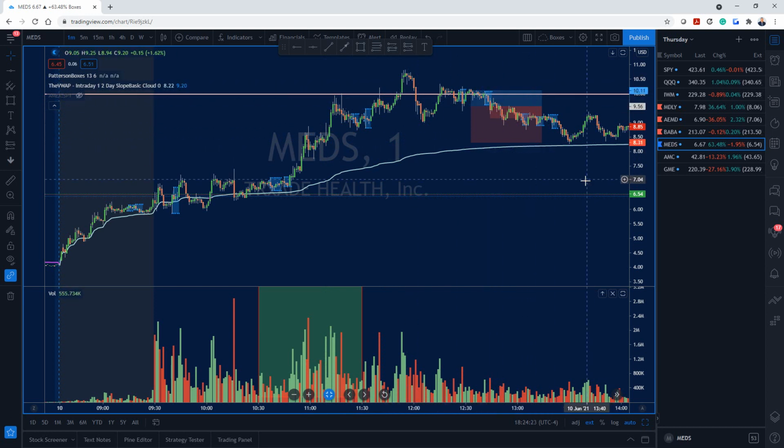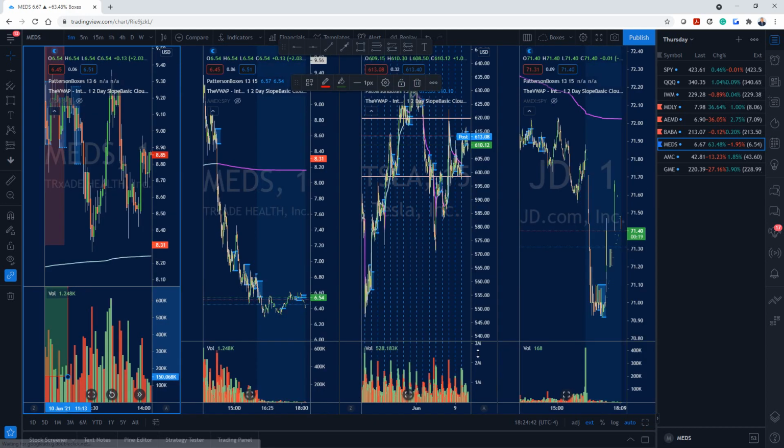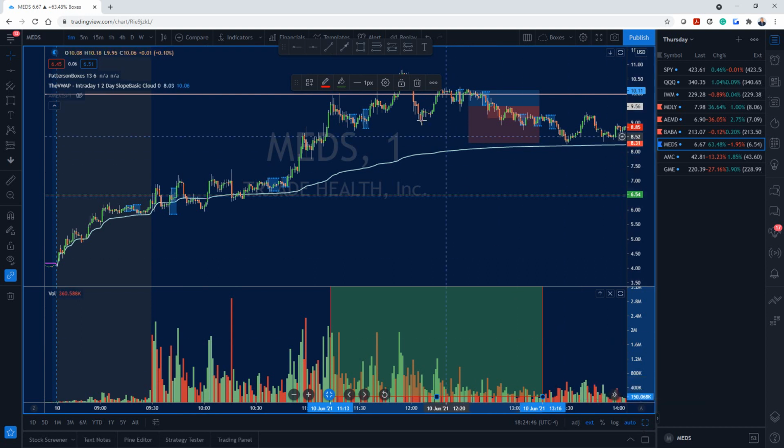But if VWAP cracks, and you're long, which all this volume in here could very well be, it could be new longs, and we know after the fact that it's profit taking.